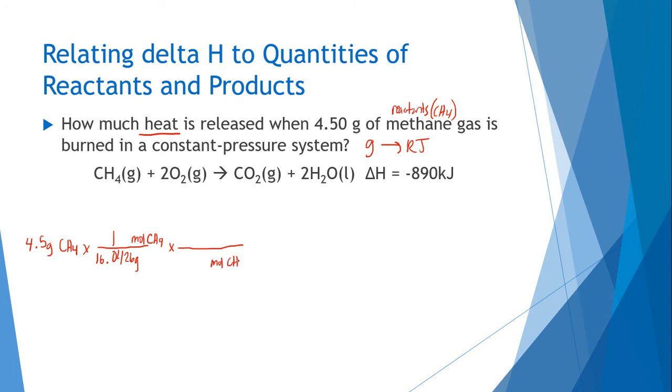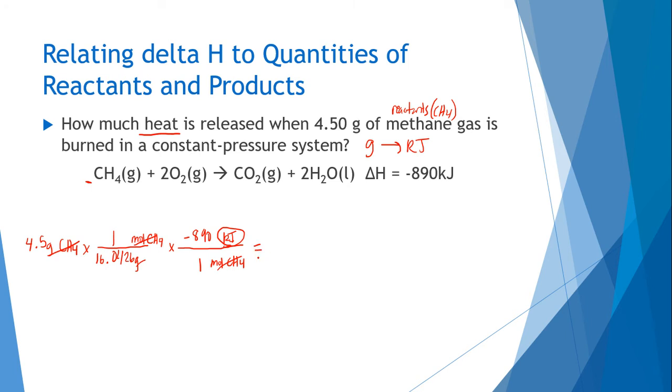So moles of CH4. But what allows me to go from moles to kilojoules? Well, what's going to allow us to do that is my balanced equation along with my delta H value. So I can put kilojoules here on top. So here, if I find CH4, it tells me for every 1 mole of CH4, because that's my coefficient, that is going to be equal to negative 890 kilojoules. So now I have canceled my grams, I have canceled my moles, and that leaves behind my kilojoules.